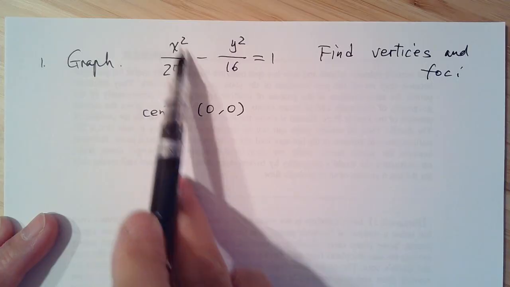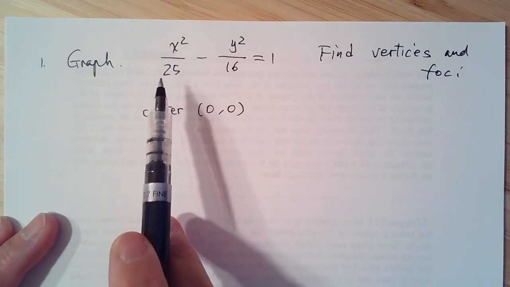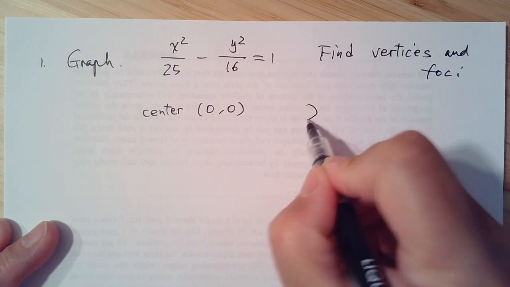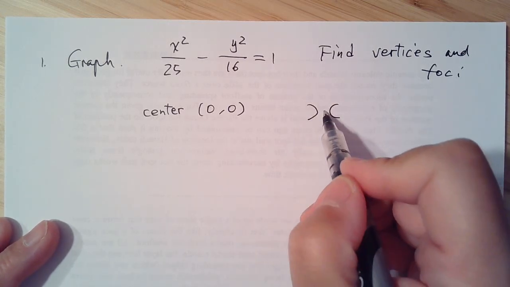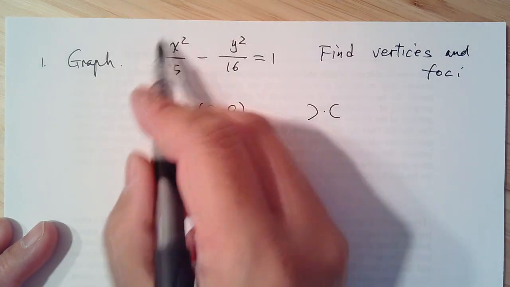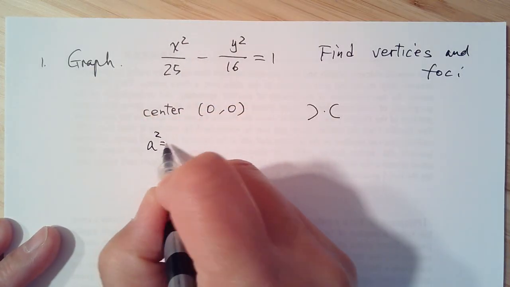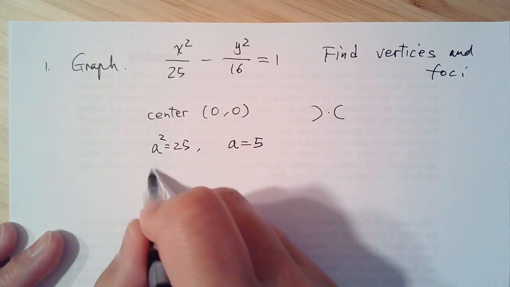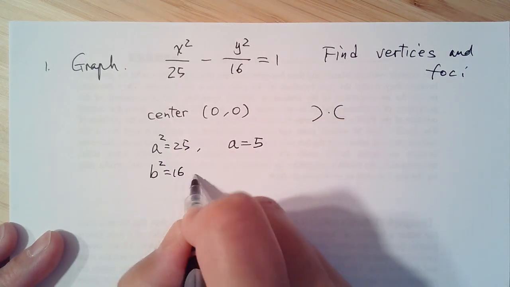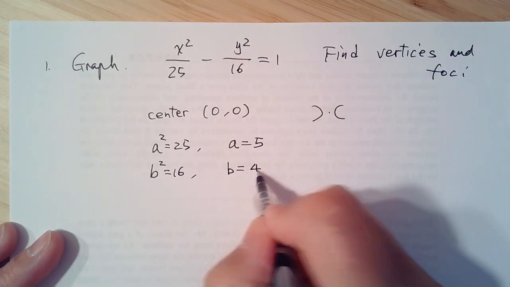Because the x squared term is positive, when x squared has a positive coefficient, we get left and right. Take a little note there, okay? Under this positive term is a squared. So a squared is 25, therefore a is 5. Of course, b squared is 16, so b is 4.